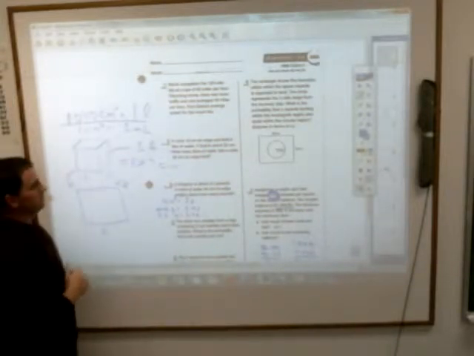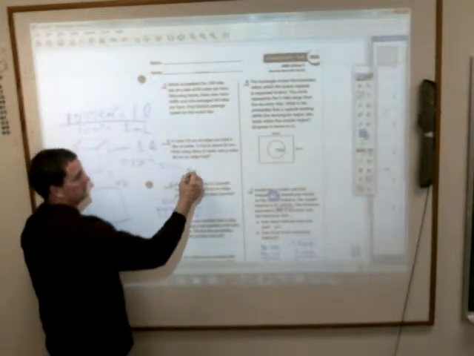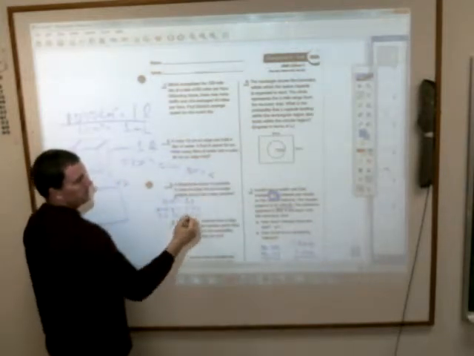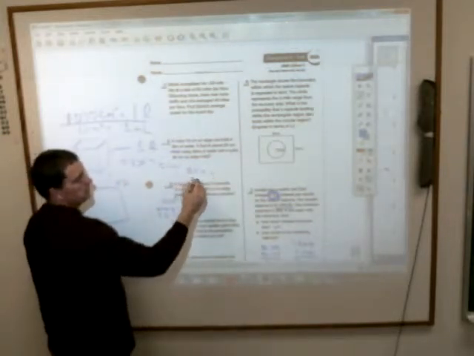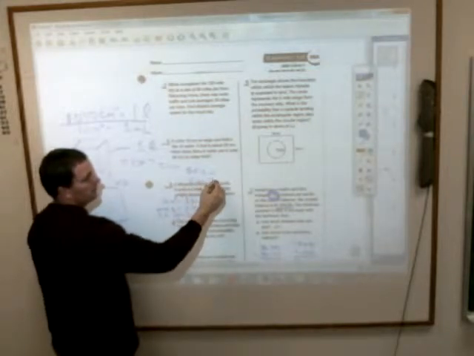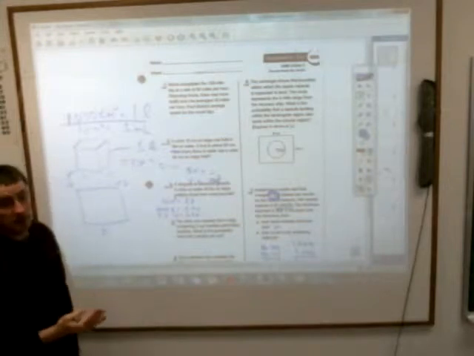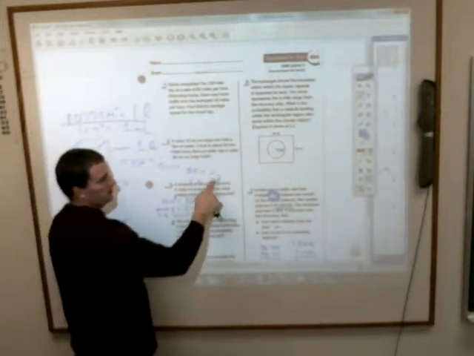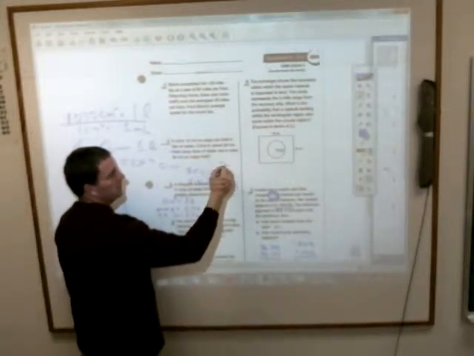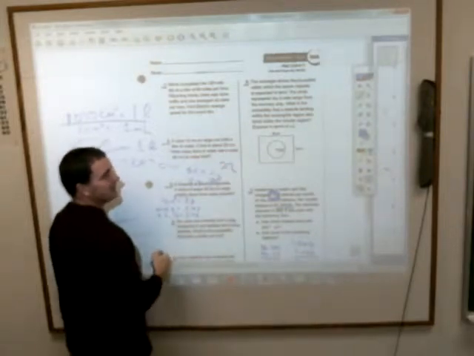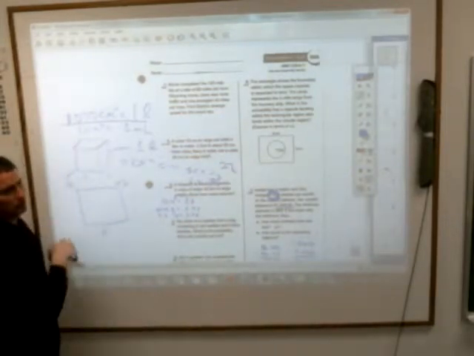So if the scale factor is 3, the volume is going to be 3 cubed times bigger, because you take the scale factor and cube it. That's where 3 times 3 times 3 comes from. The new one is going to be 27 times bigger volume-wise than the old one.